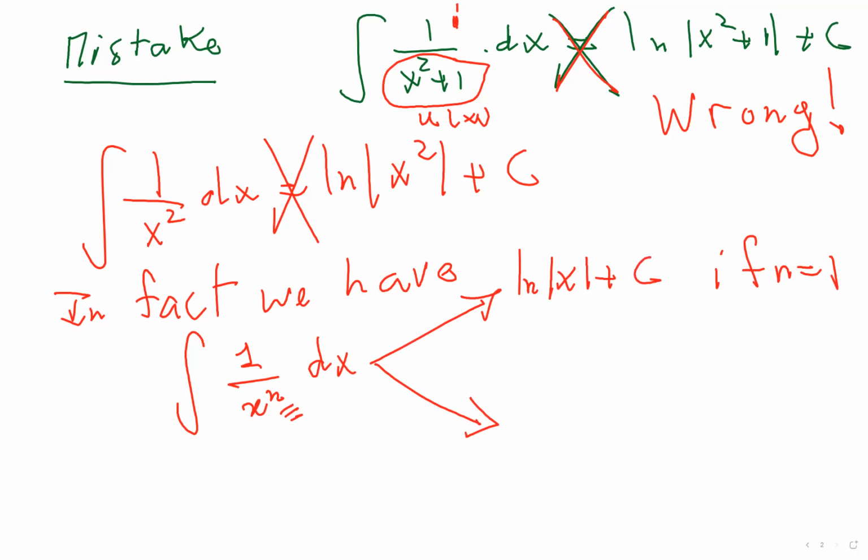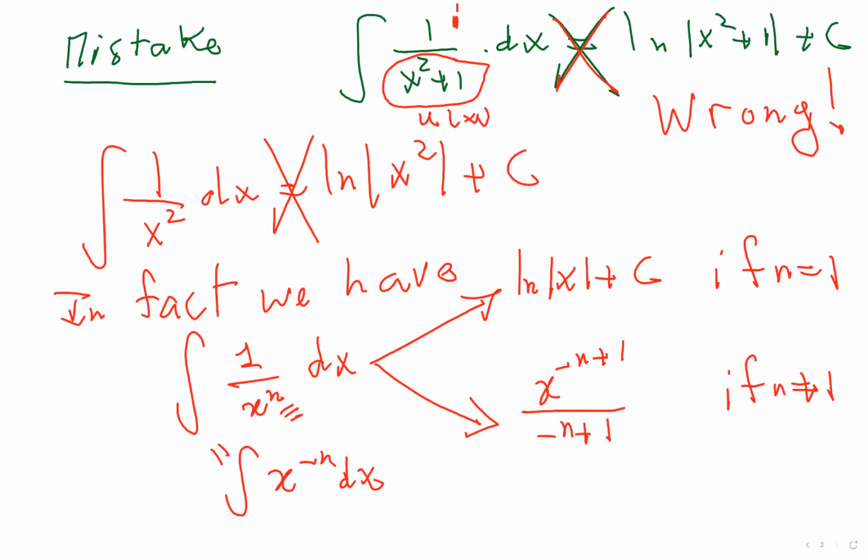But if n is not equal to 1, and here comes the trick, this is exactly x to the power minus n dx, and I can apply the power formula. So it's x to the power minus n plus 1 divided by the new exponent, which is 1 minus n. You see that the denominator makes sense because it is not equal to 0, since n is not equal to 1. If you write this with n equal to 1, this is wrong, of course, because you have a division by 0.